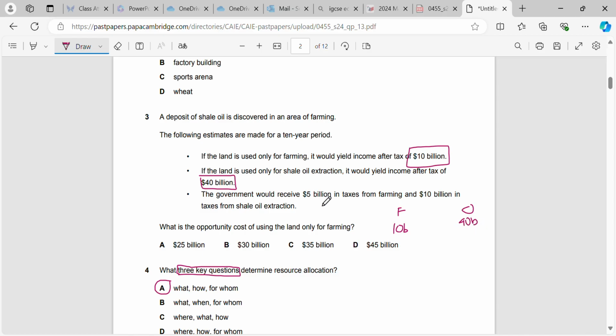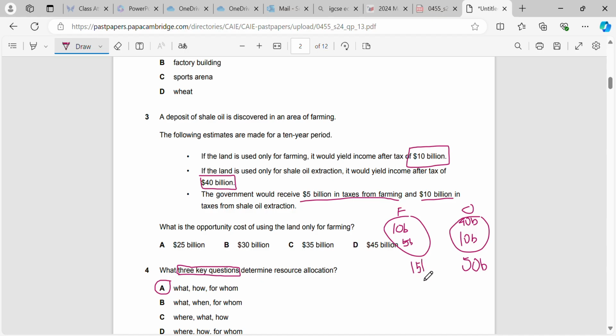Okay, we're going to receive 5 billion in taxes from farming and 10 billion in taxes from extraction of shale oil. So that means that our total for the shale oil here is going to be 50 billion. That's how much we would earn from doing that. And our total for the farm, or for using the farming, is going to be 15 billion.